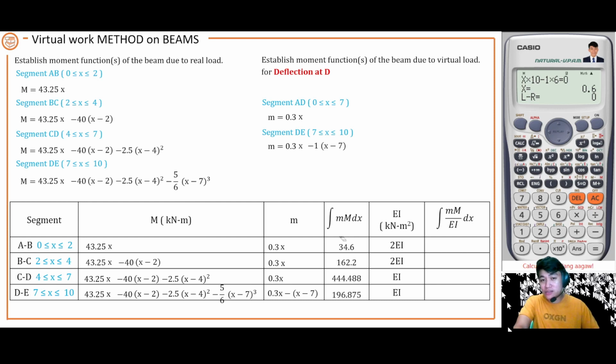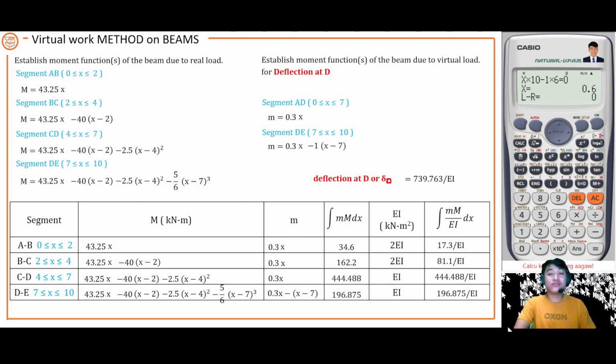So that is all positive value, meaning divide by 2, a positive, divide by 2, and okay, evaluate this. Okay, the deflection at D. The deflection at D is equal to 739.763 over E.